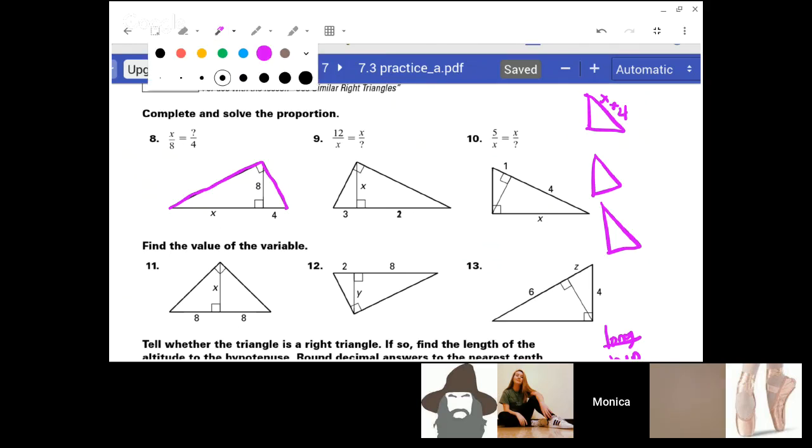Then if we look at our medium triangle, we've got the long leg, which is x, and the short leg, which is 8. Now let's look at our small triangle. We have the long leg, which is 8, and the short leg, which is 4.